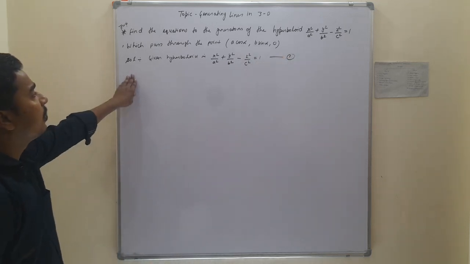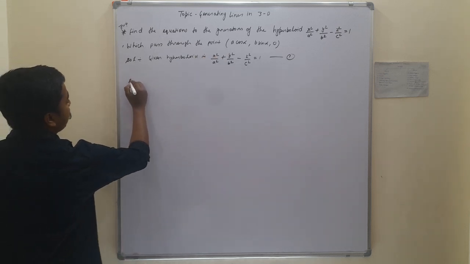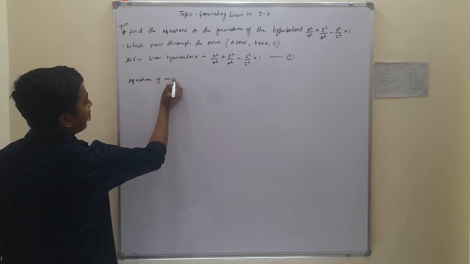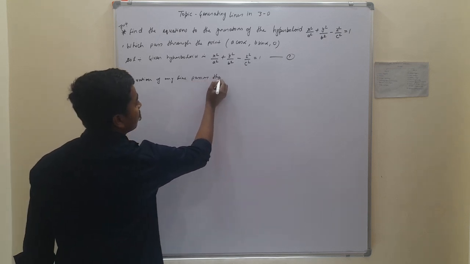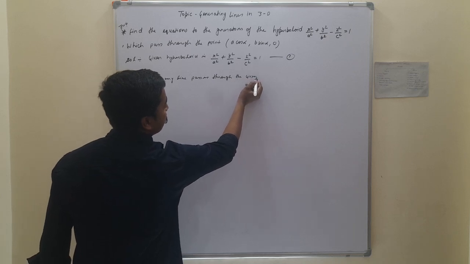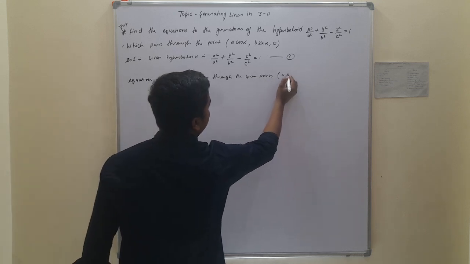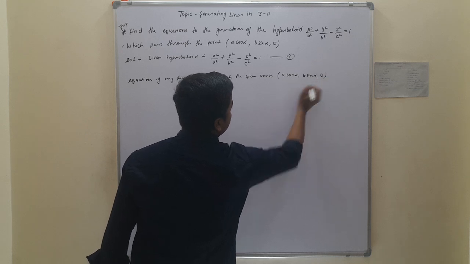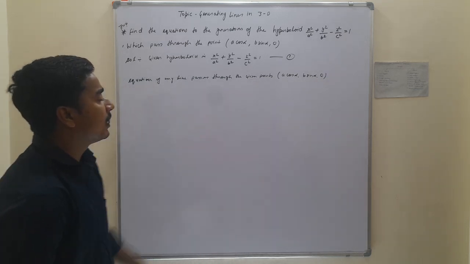And we have to find the equation of any line that passes through the given point a cos alpha, b sin alpha, 0. So we have to write the equation of a line passing through the given point.